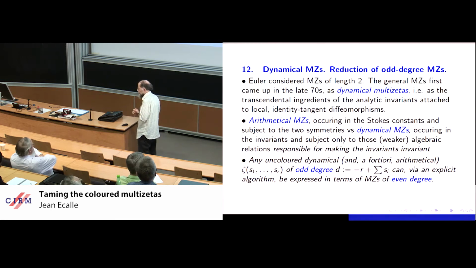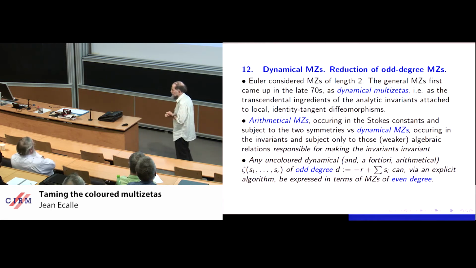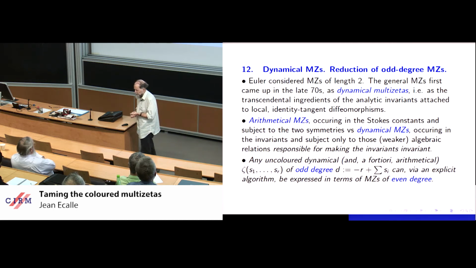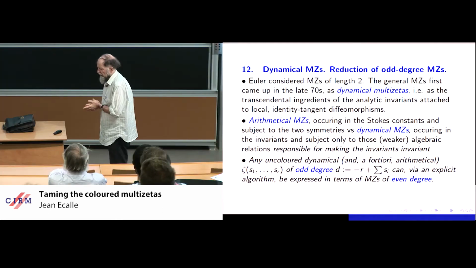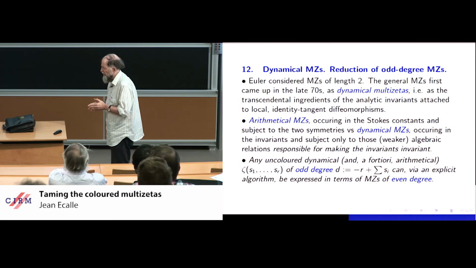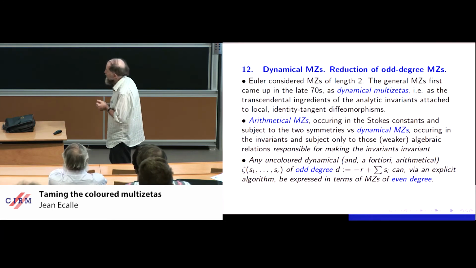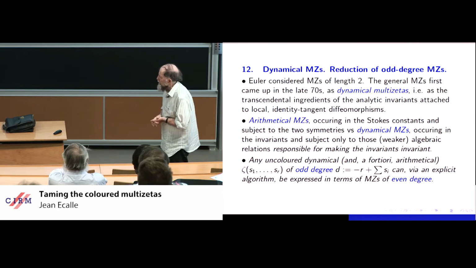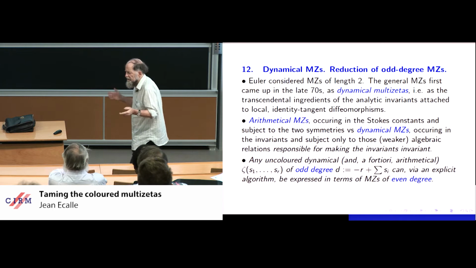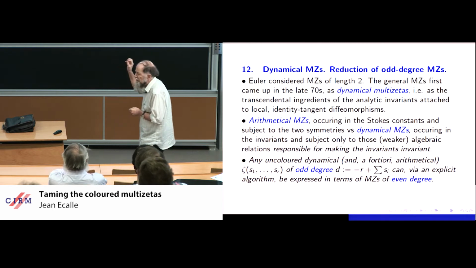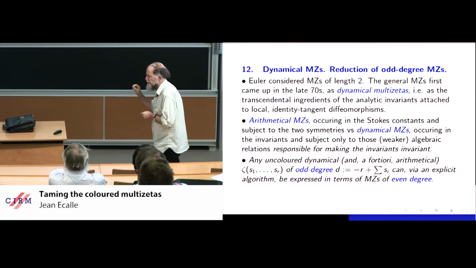They came up during the investigation of the invariance of a geometric object, in this case, identity tangent local diffeomorphisms. This is not at all to stake a claim of priority. I'm well aware that David Broadhurst also encountered multizetas very early on, and for all we know, other people may have seen them. But the point here is that these are very special beasts, actually.